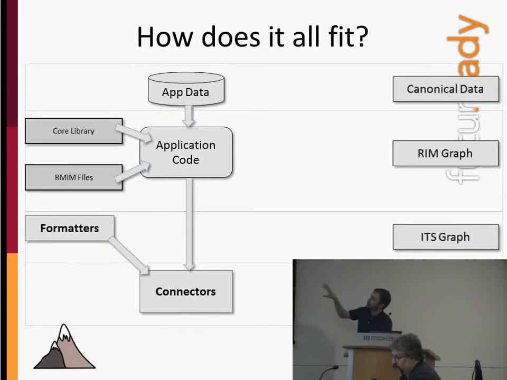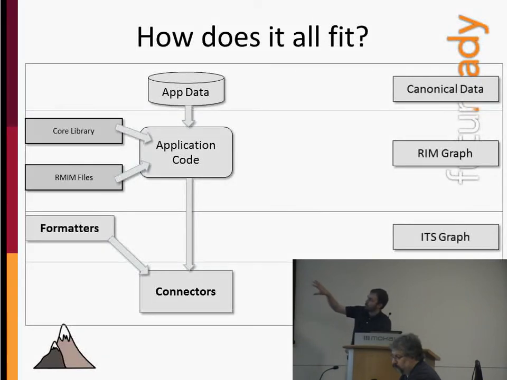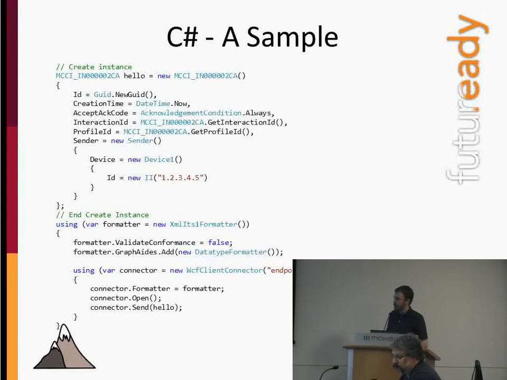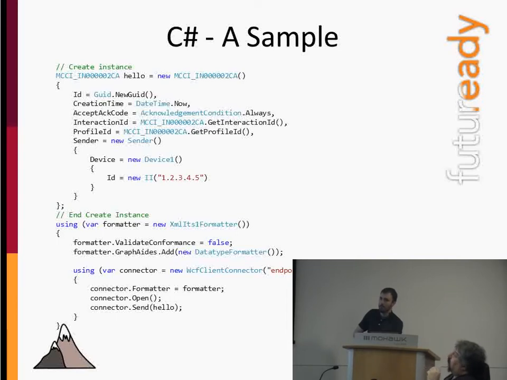And just another view, here we have a map of how that tiered architecture would map to Everest components. So here's a C# example. All that translates down into RMIMs that you can instantiate. And then down at the bottom here, we have how you actually send it across the wire.